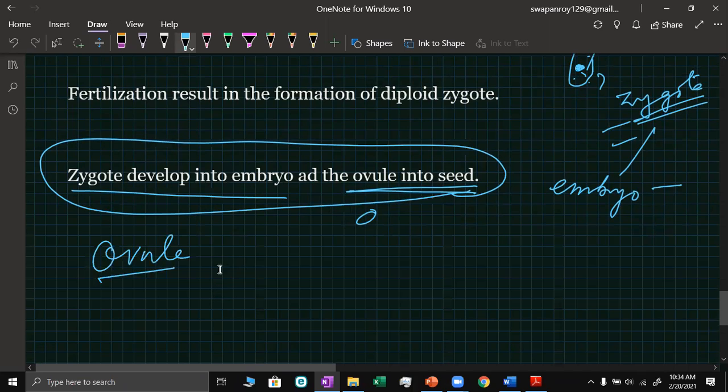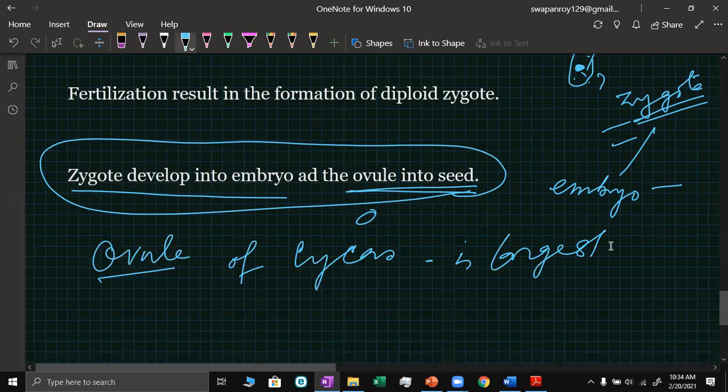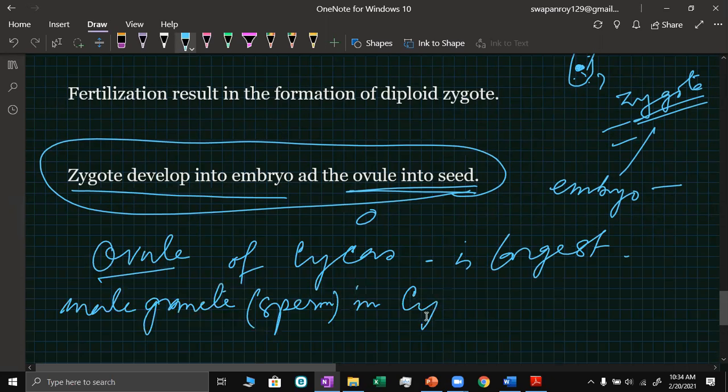You know, the ovule of Cycas is the largest. The male gamete, or sperm, in Cycas is the largest in the plant kingdom.